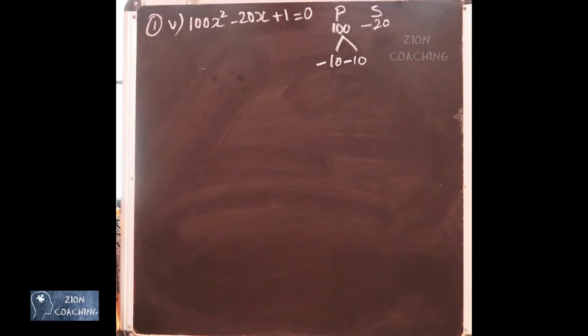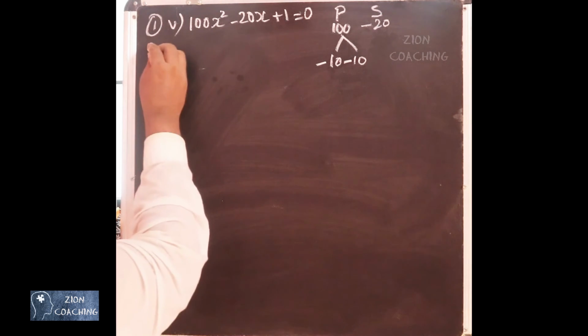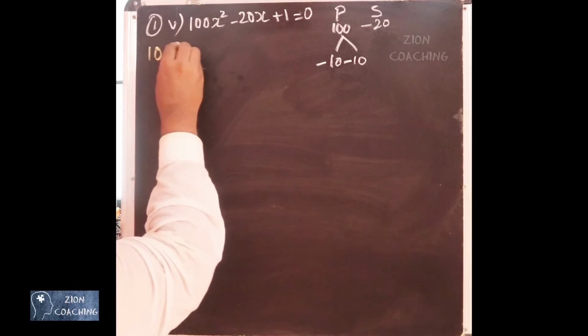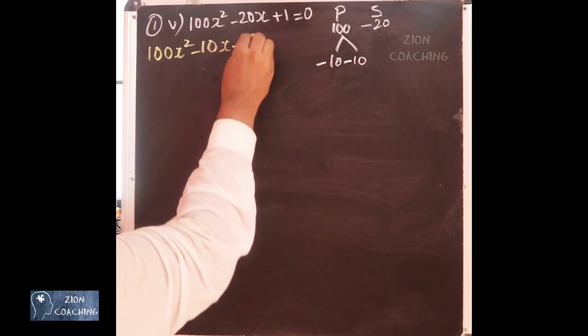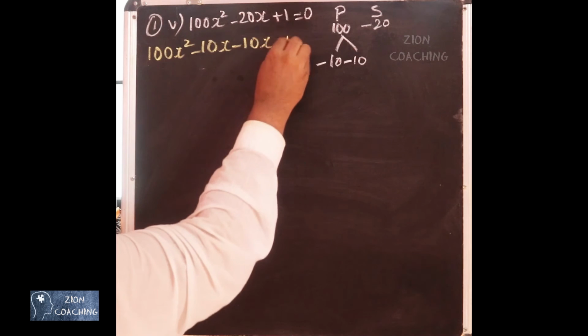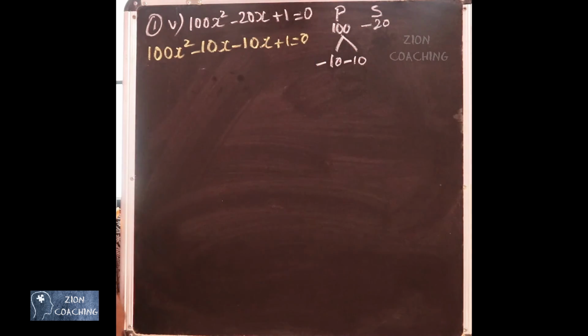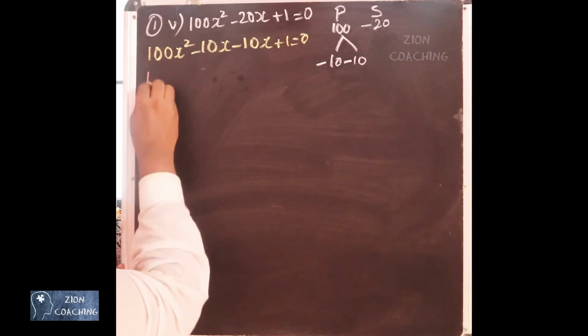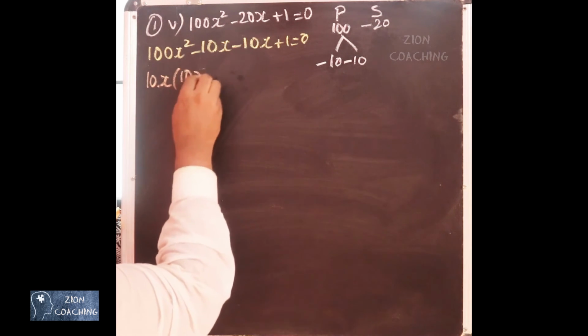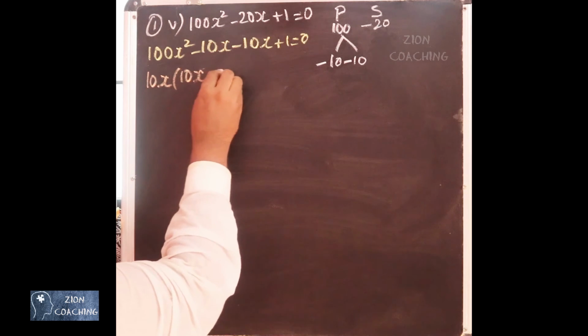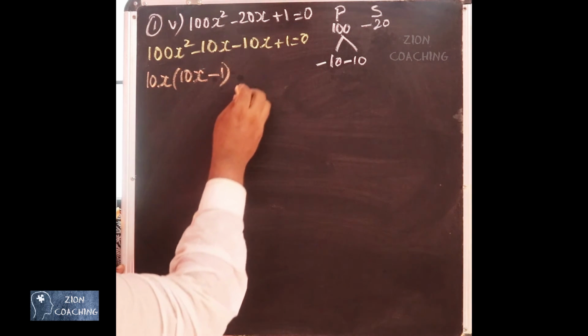Now we can write the given equation as 100x squared minus 10x minus 10x plus 1 equal to 0. In the first two terms, you can see that 10x is common. When you pull out 10x, then you will have 10x remaining in the first term, minus 1 remaining in the second term.